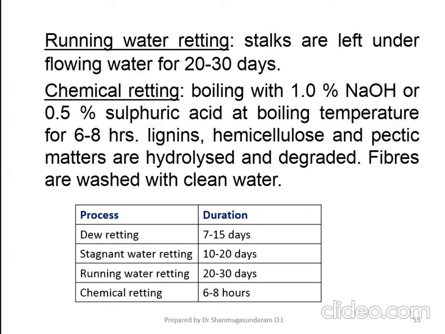But while choosing chemical retting, you have to keep in mind the concentration of sodium hydroxide, it should not exceed 1%. Similarly, if you choose sulfuric acid, the concentration should not exceed 0.5%. Similarly, the duration should be maintained. Otherwise, these chemicals will also affect your fiber properties. So that is the reason you have to maintain the conditions during this chemical retting process.